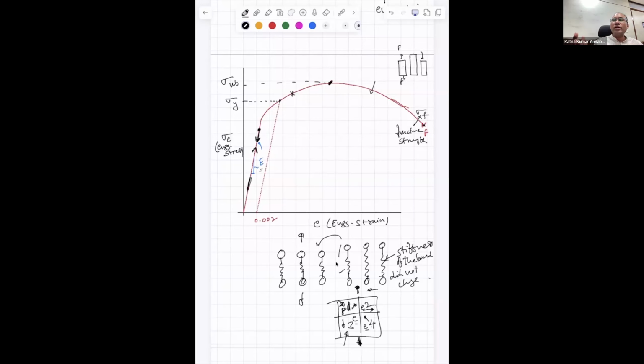All the deformation during unloading should only be elastic, unless it is continued in the unloading direction beyond zero stress. If it is unloaded to zero stress, then you have to unload along that path, and the slope of that line should be the same as E. Is that clear? If I loaded the specimen up to here, then I unload and it comes to here and then it goes here.